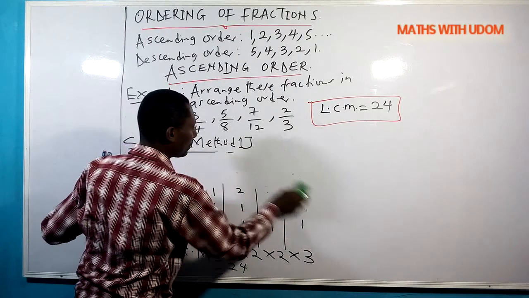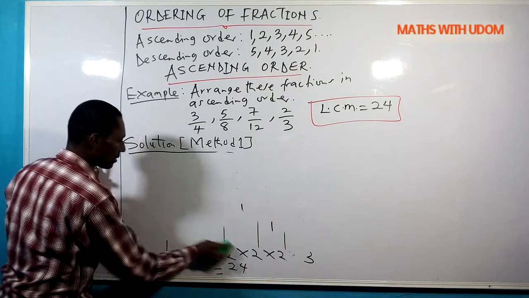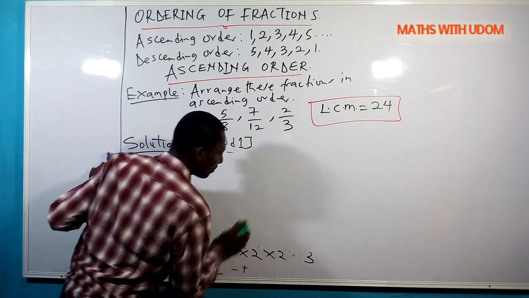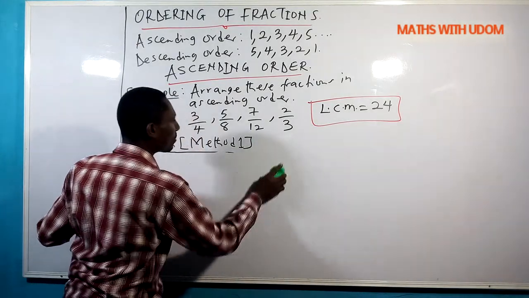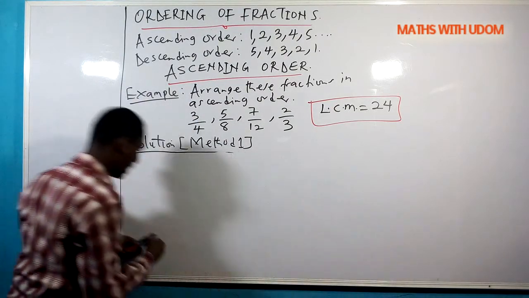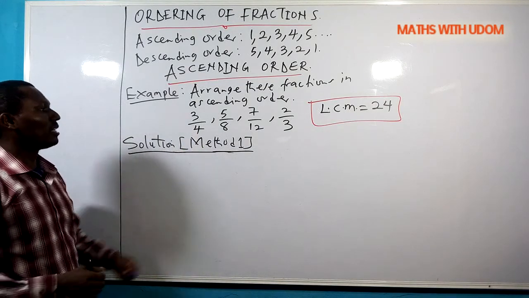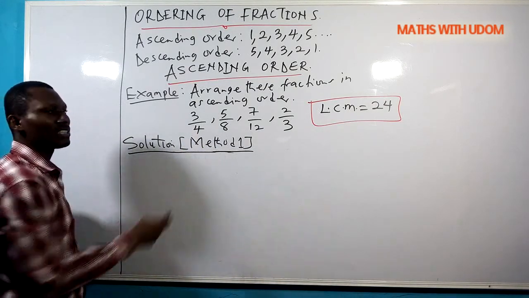Step number 2. Remember, I told you we have 3 steps to solve a problem like this. So what is step 2? Step 2 is that we are going to multiply each of the fractions by what? By the LCM we got.